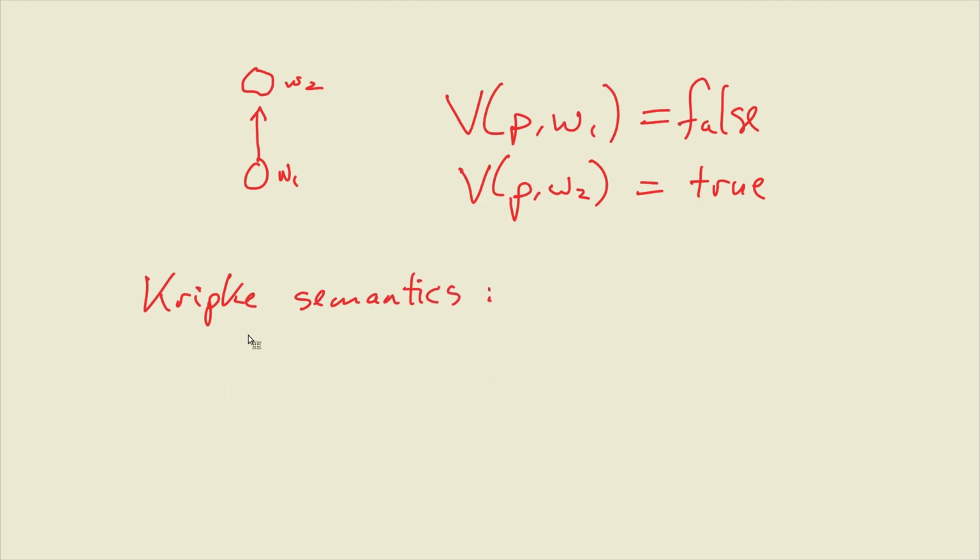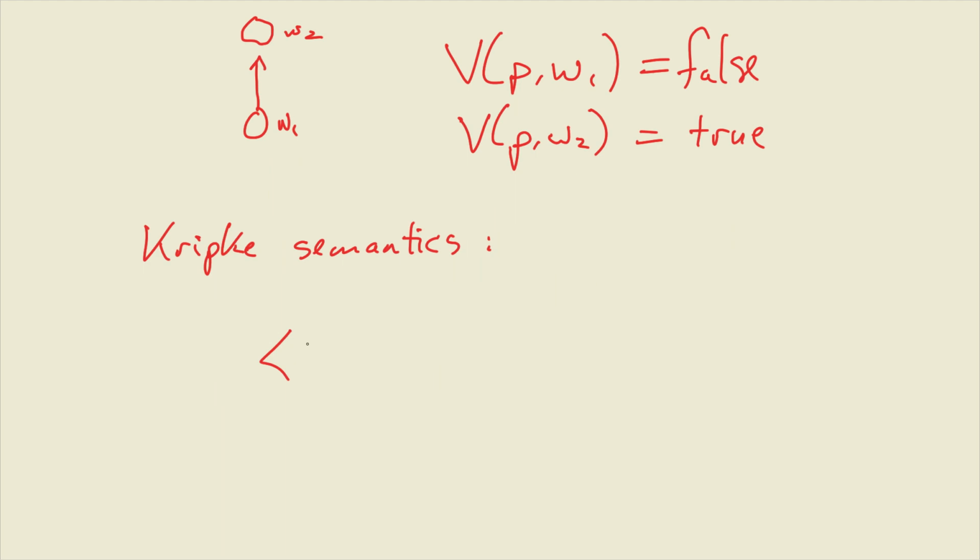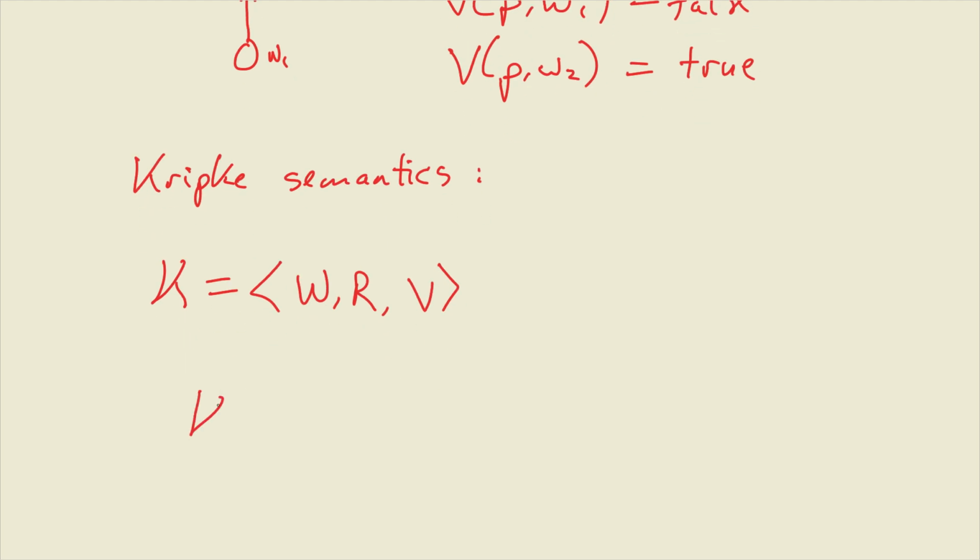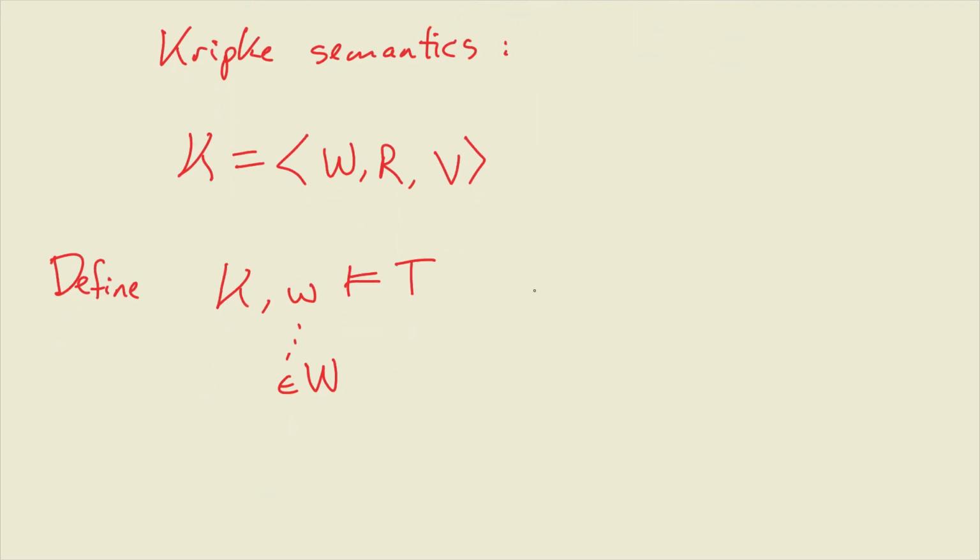Given some Kripke frame together with evaluation V, let's just denote this by some kind of K, calligraphic K. So given K and w, which is some world, little w in big W, we're going to define when a formula T is true at that world of that Kripke model.